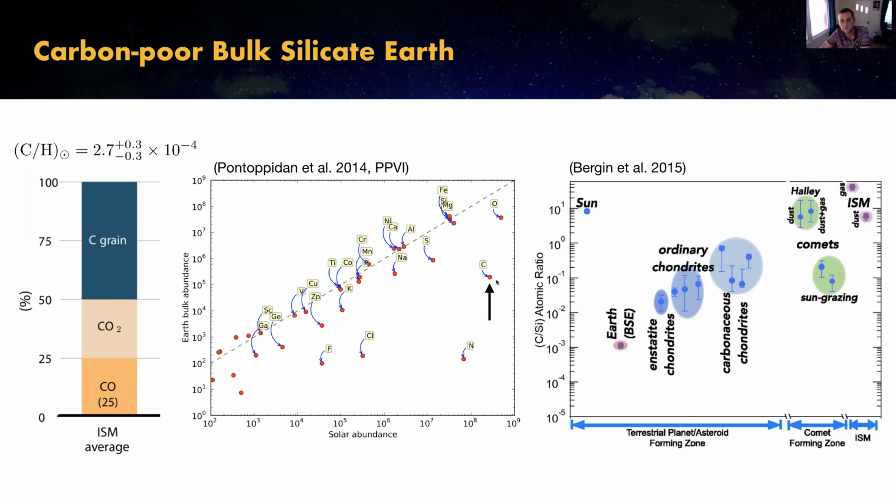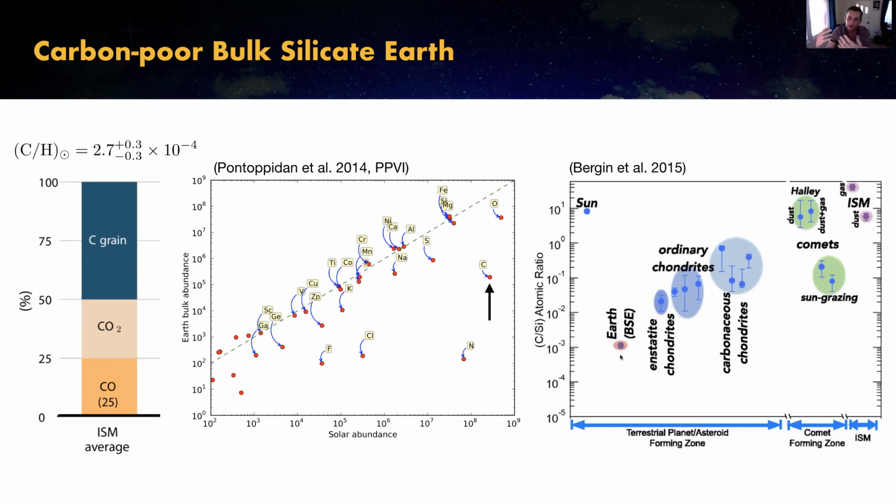But actually, when you compare the Earth abundance of carbon to the solar abundance, it's depleted by something like 4 orders of magnitude, right? And you see this depletion in meteorites as well, but it's not as extreme as in the Earth. And this point here is representing the bulk silicate Earth.